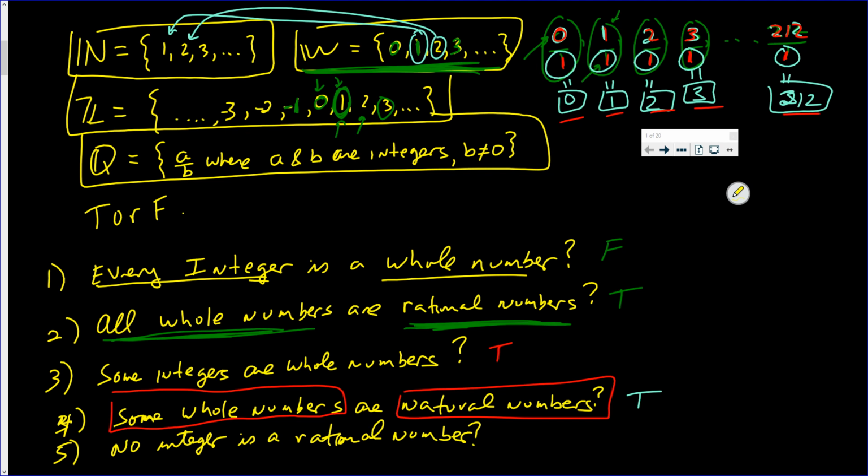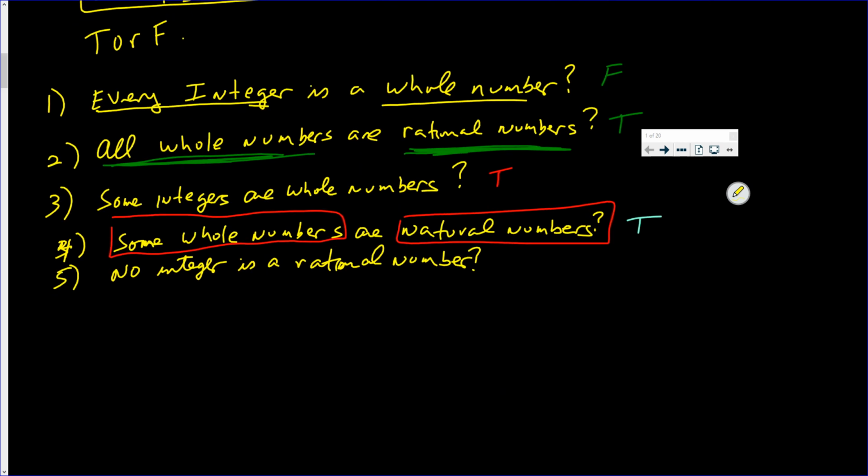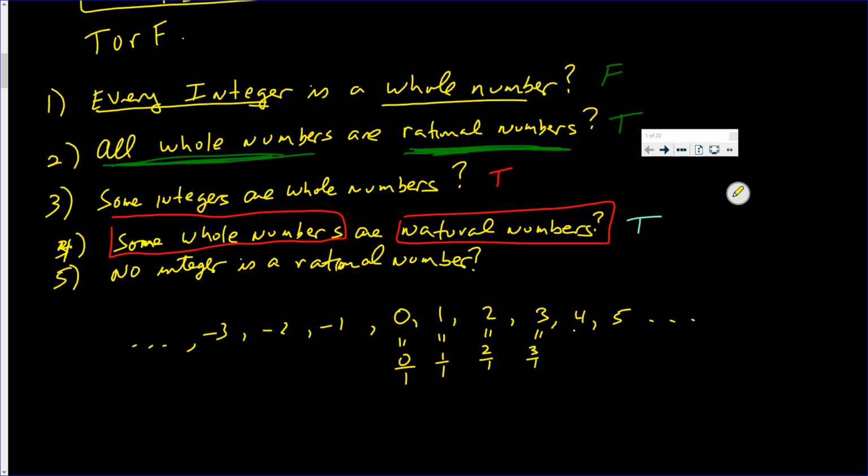Now that's not true, because every integer, 0, 1, 2, 3, 4, 5, etc., and -1, and -2, and -3, and so on, they all equal: 0 equals 0 over 1, 1 equals 1 over 1, 2 equals 2 over 1, 3 equals 3 over 1, 4 equals 4 over 1.